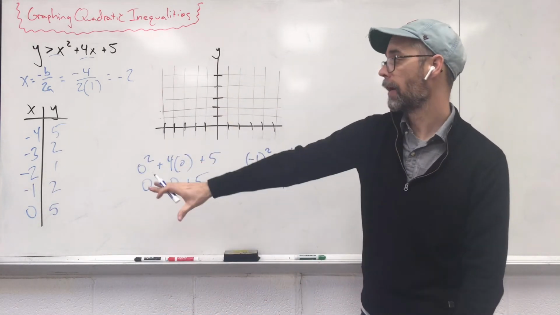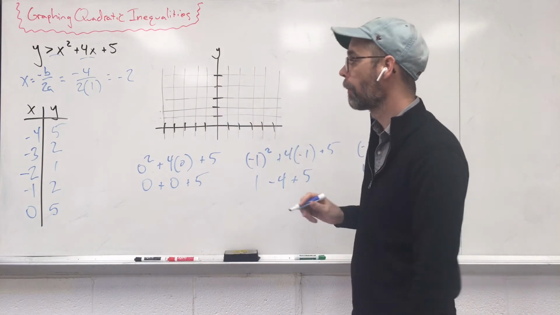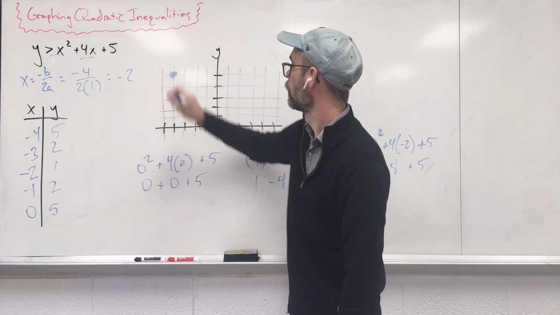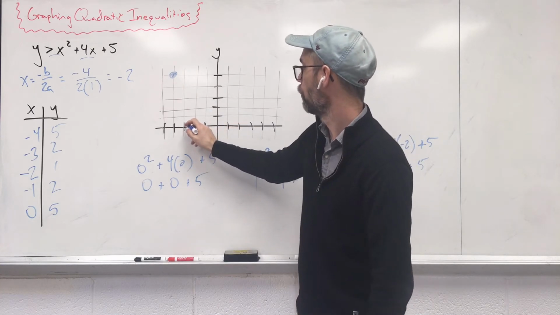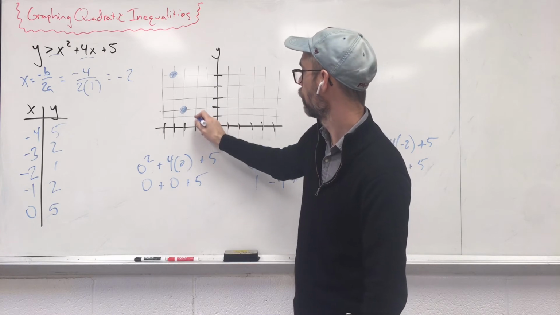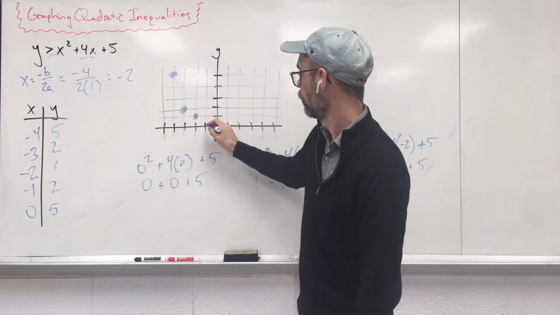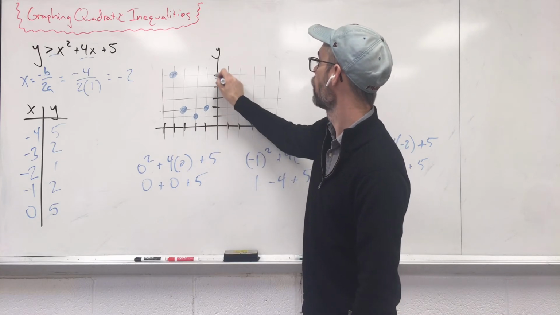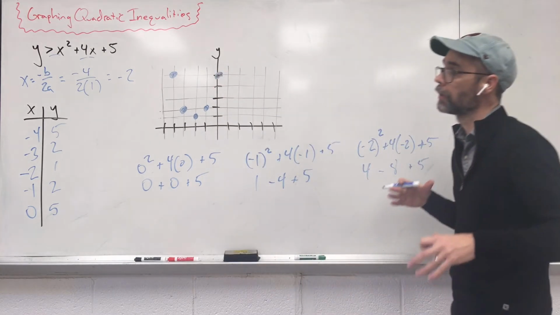Let's take those 5 coordinates and put them on the graph now. So go back 4, go up 5, go back 3, go up 2, go back 2, go up 1, go back 1, go up 2, go over 0, go up 5. Okay, so we have our 5 coordinates that we plotted.